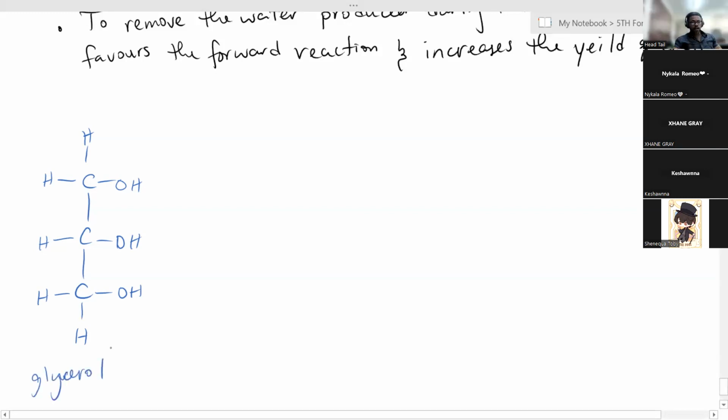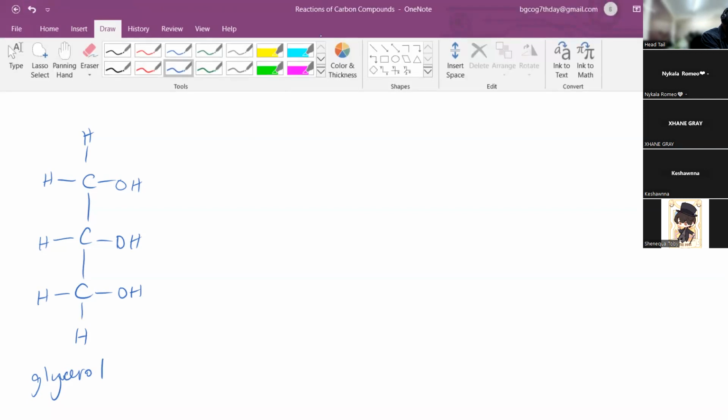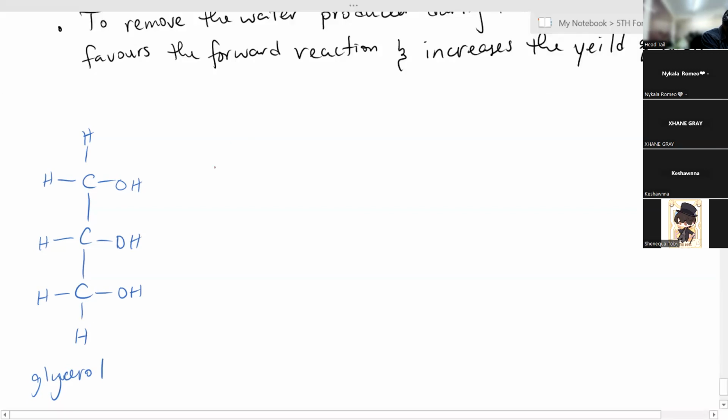And glycerol can link up with long chain carboxylic acids. So for example, I'm going to bring one which is 7 carbons long, which would be heptanoic acid. I'm going to put it back to front here and draw it in red. So heptanoic acid is going to be C double bonded to an O, and you have the OH here.